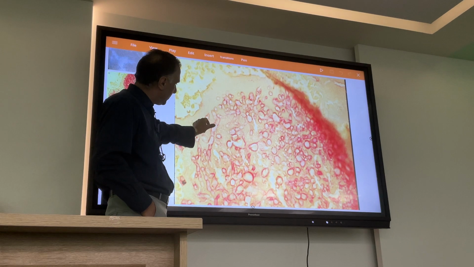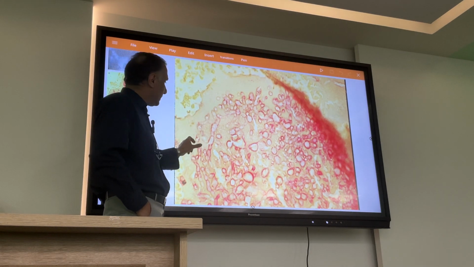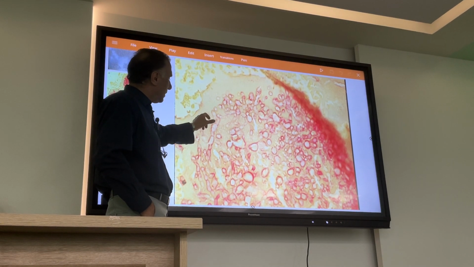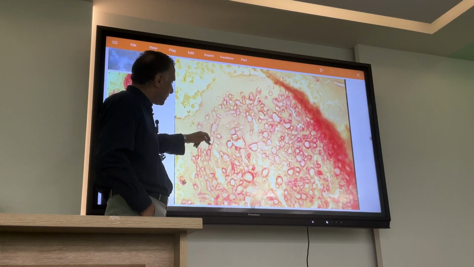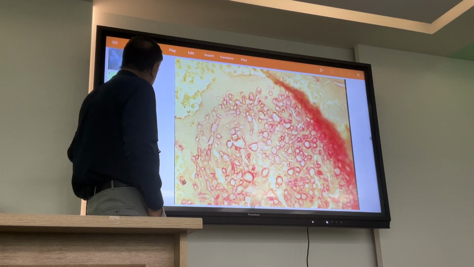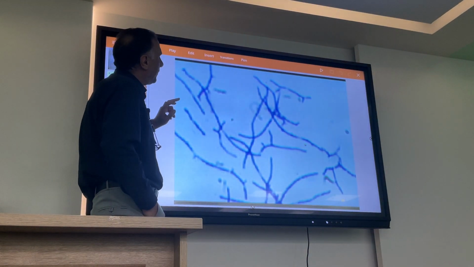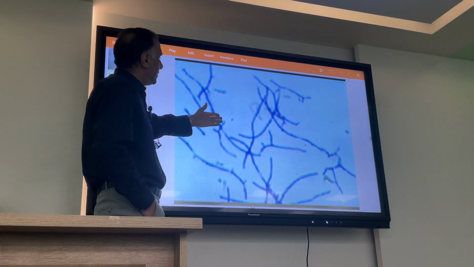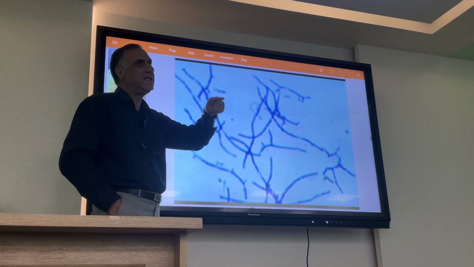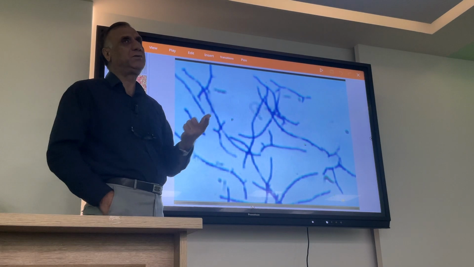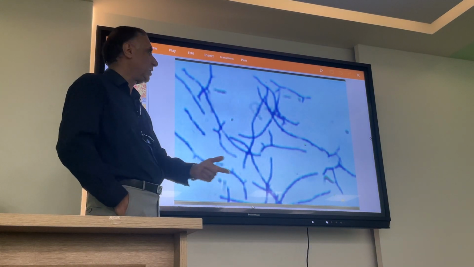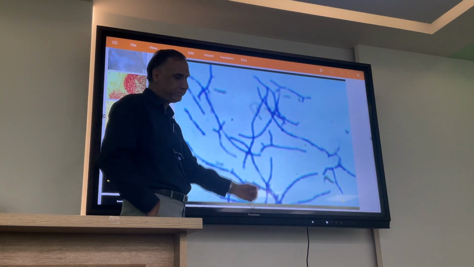This is mycelium, true and thick hyphae with septum. And in the actinomycotic type, you find thin filaments about 1 micron, microorganisms under microscope observation.